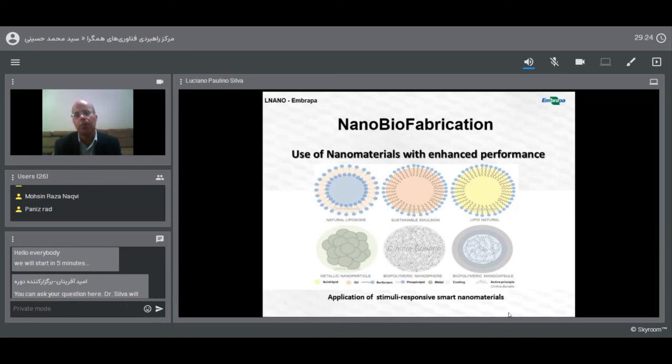In this way, we produce natural liposomes, sustainable emulsions, natural lipids, lipid nanoparticles, metallic nanoparticles, biopolymeric nanoparticles, and also biopolymeric nanocapsules that are commonly stimuli-responsive smart nanomaterials.